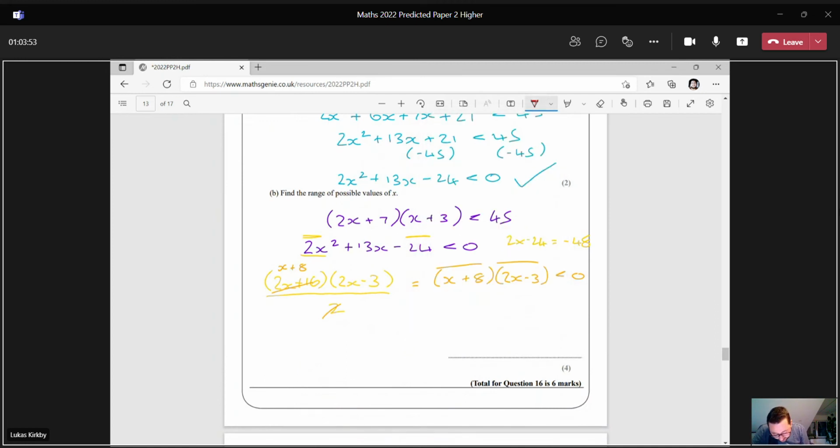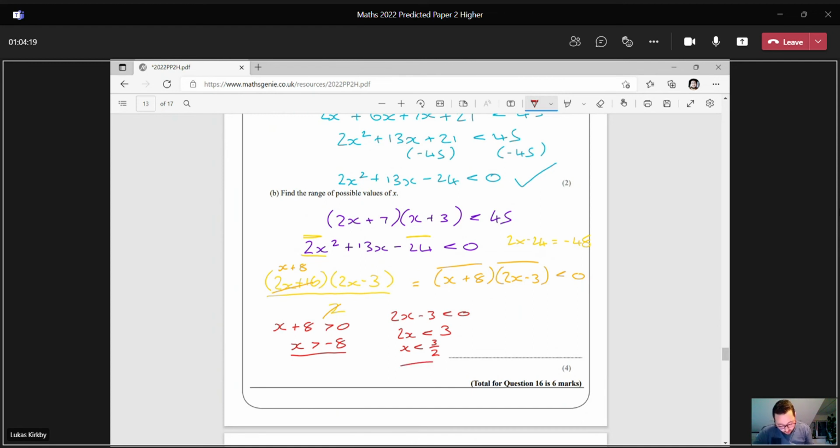So this makes me think that x plus 8 is positive, so x is more than minus 8, and it's making me think that 2x minus 3 is negative, so 2x is less than 3, and x is less than 3 over 2, or 1.5.